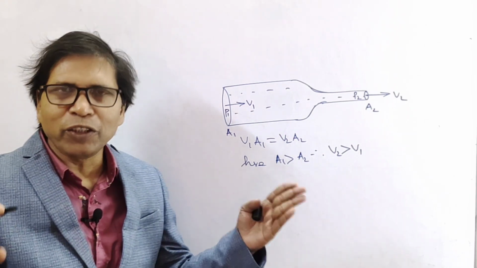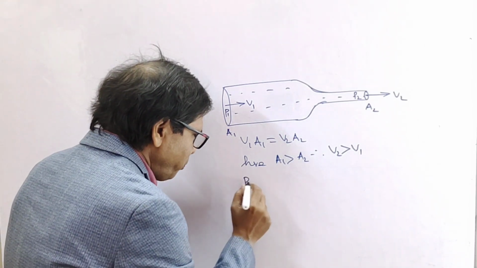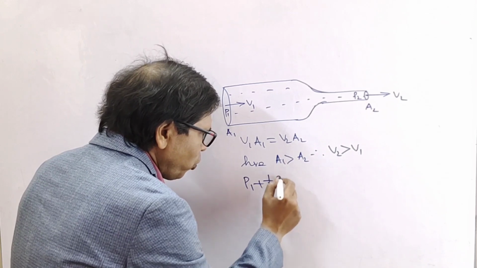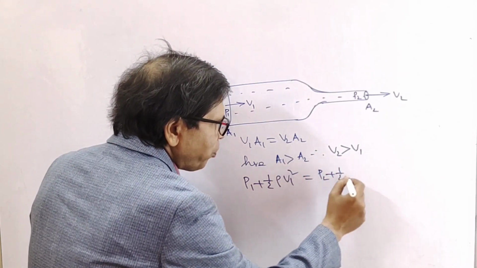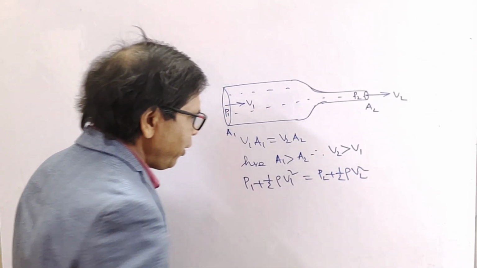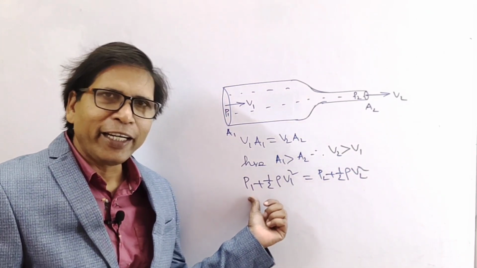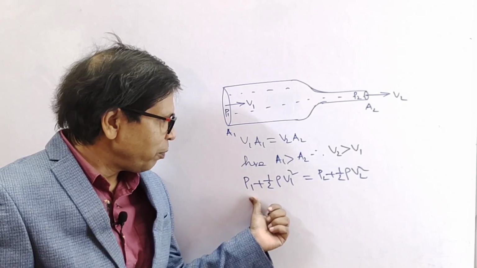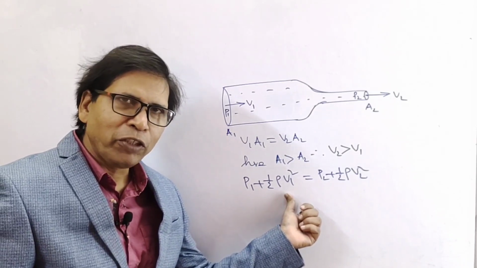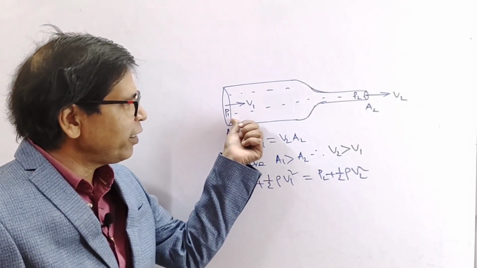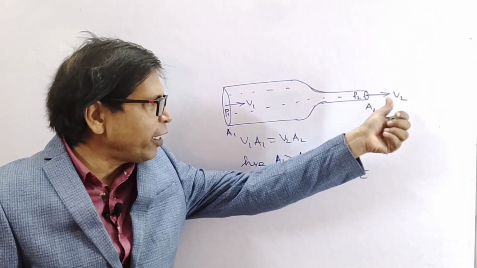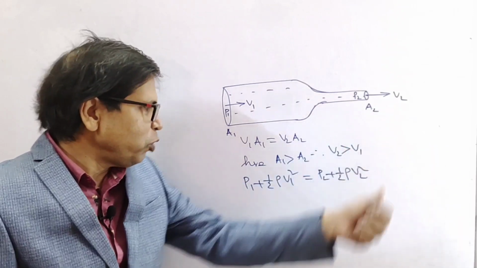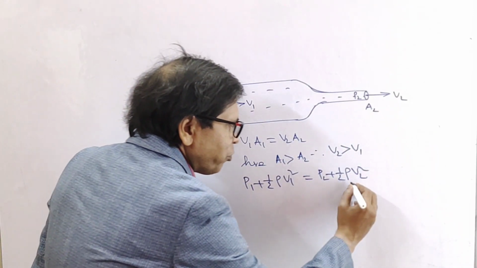Now from Bernoulli's law, P1 plus half rho V1 square equals P2 plus half rho V2 square, that is pressure energy per unit volume plus kinetic energy per unit volume at this section is equal to pressure energy per unit volume plus kinetic energy per unit volume at the other.